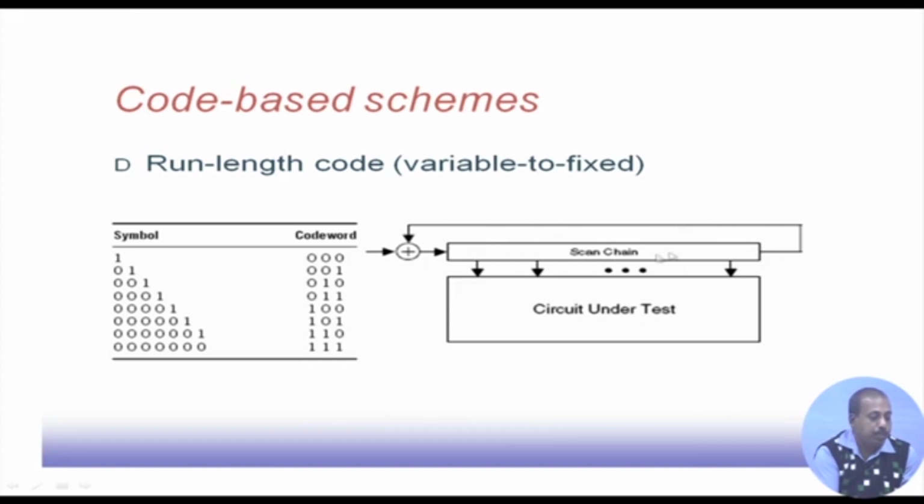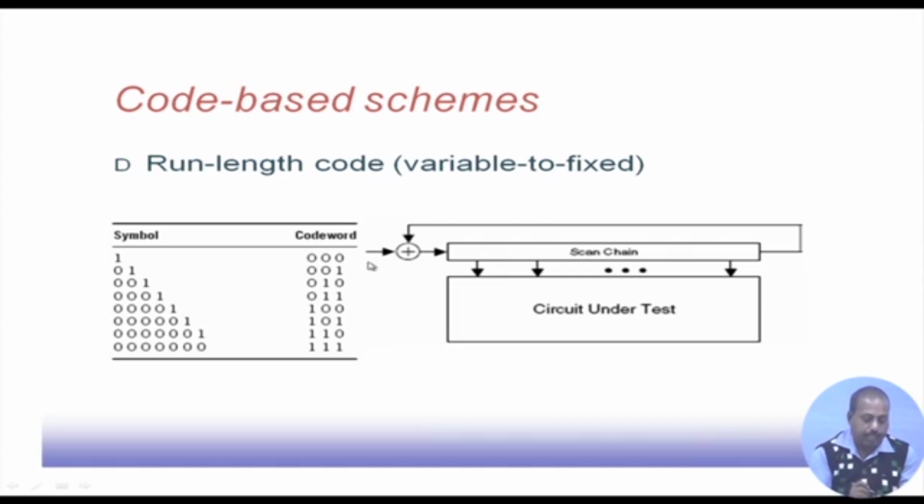Now the bit that we are going to shift, if it is the same as the previous pattern that is shifted out, then the same bit that is coming here will be coming at this point, so it will be shifted here. So if the next bit to be shifted is the same as the last bit here, then I can shift in a 0. From the ATE actually this input is coming. So if I have got more zeros here, then the coding will be more efficient.